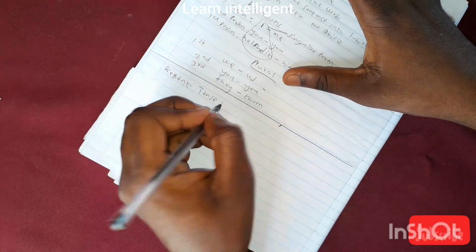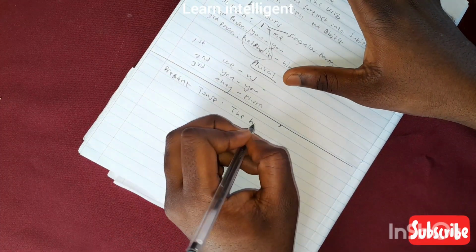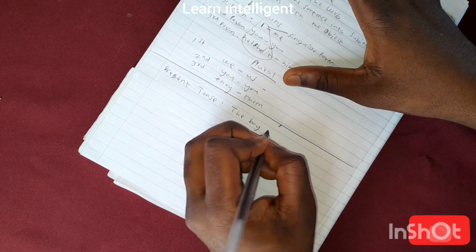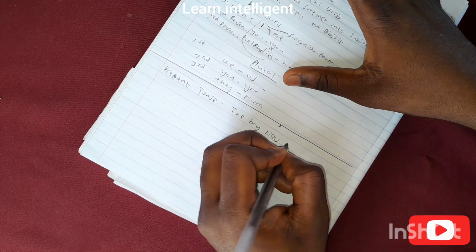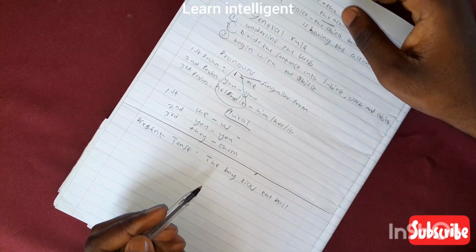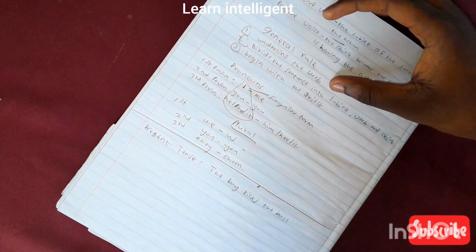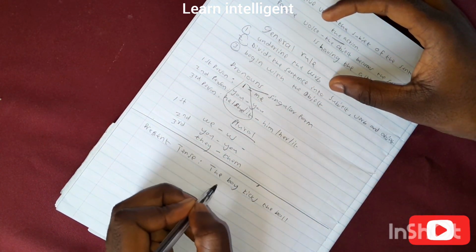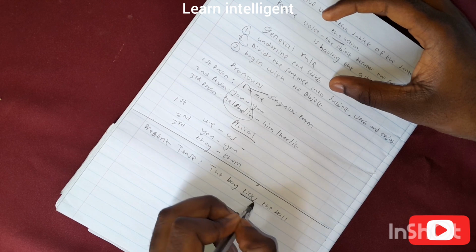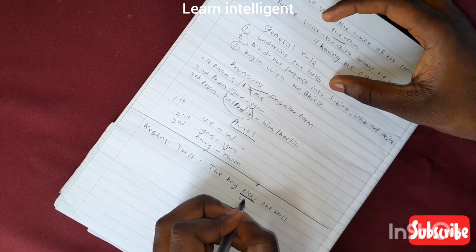Our sentence is: the boy kicks the ball. Let's go back to our rule. Underline the verb. Our verb is kicks. Then I will write verb.